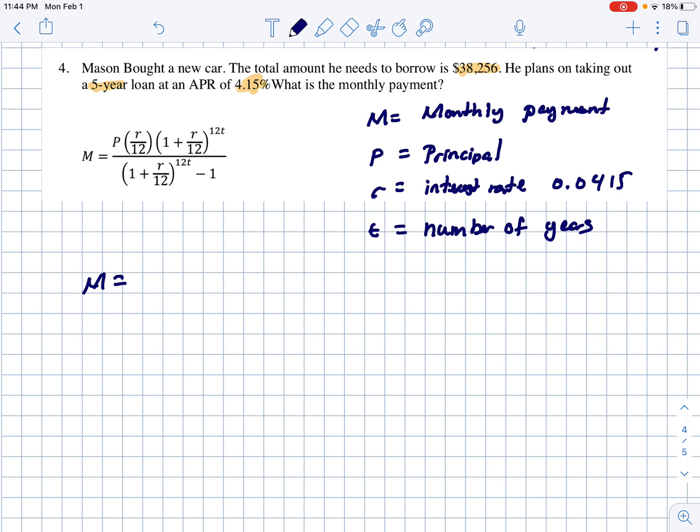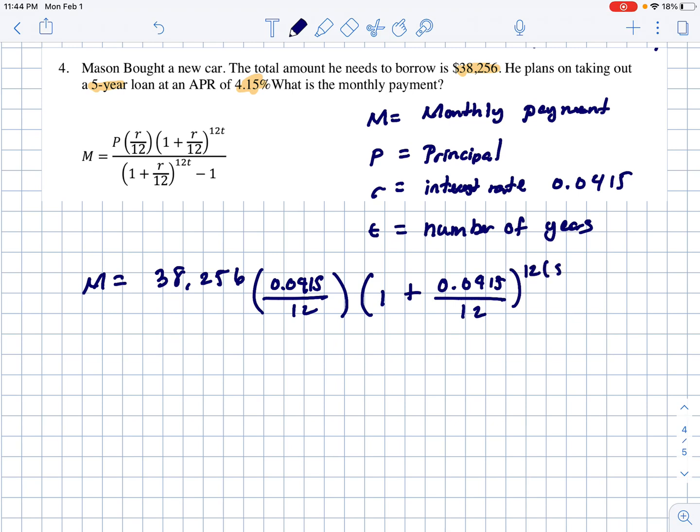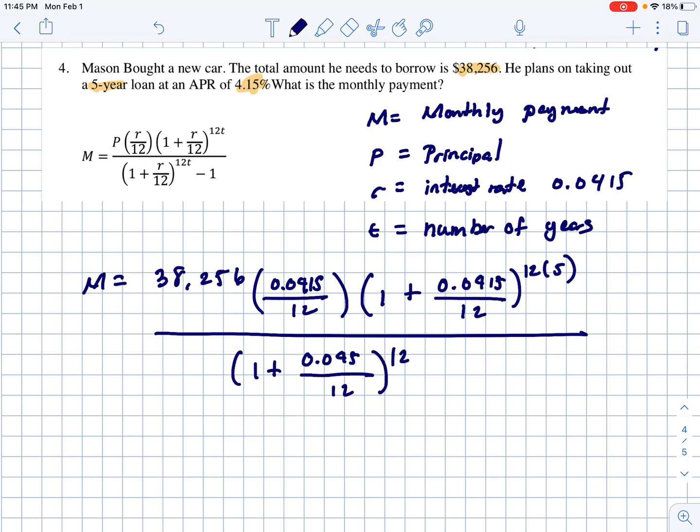M equals 38,256 times 0.0415 all over 12 times 1 plus 0.0415 all over 12 to the 12 times 5. That's all over 1 plus 0.0415 all over 12 to the 12 times 5 minus 1.